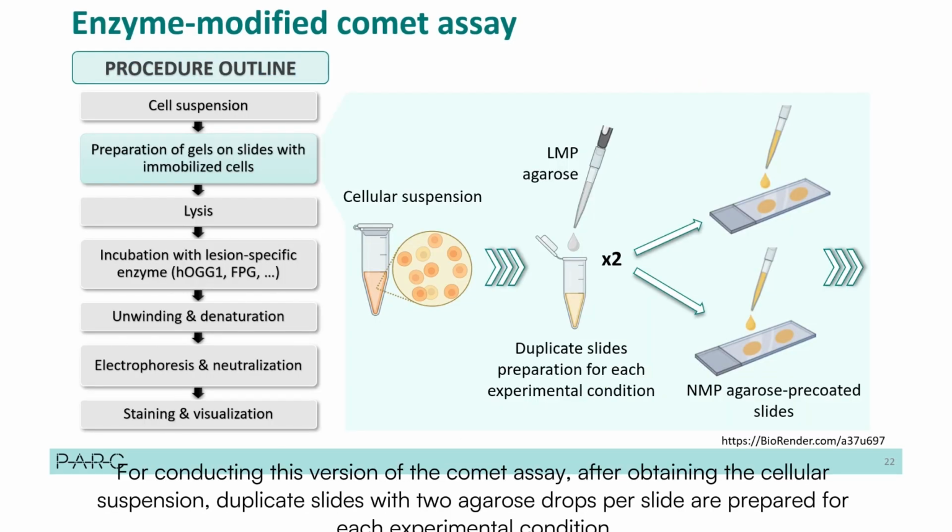For conducting this version of the COMET assay, after obtaining the cellular suspension, duplicate slides with 2 agarose drops per slide are prepared for each experimental condition.